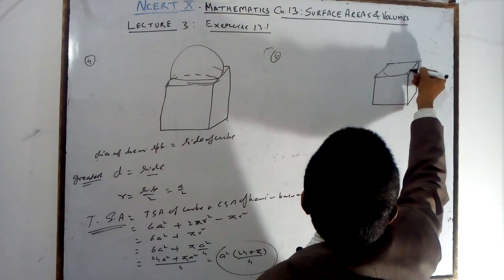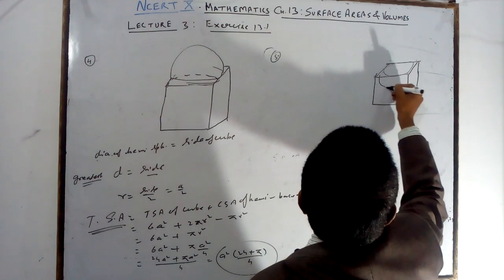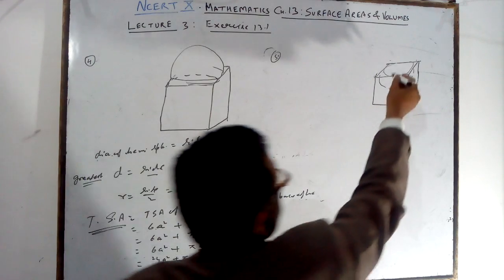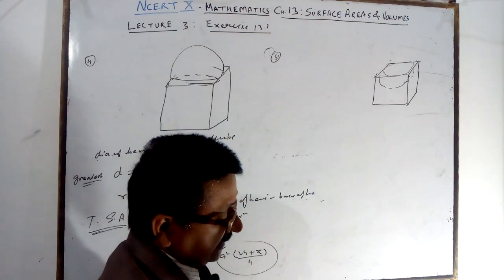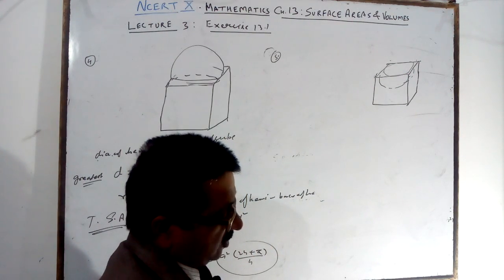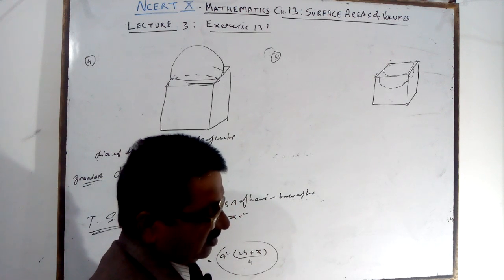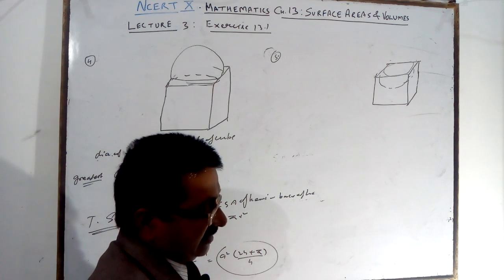One depression is cut inside, open like a bucket, such that the diameter l of the hemisphere is equal to the edge of the cube.